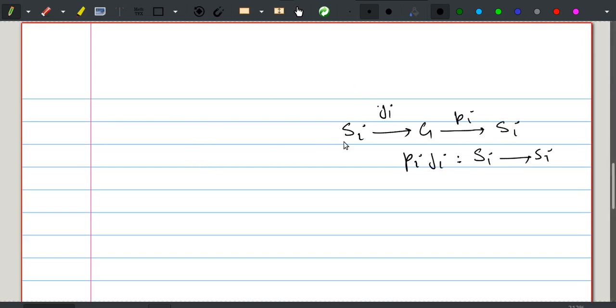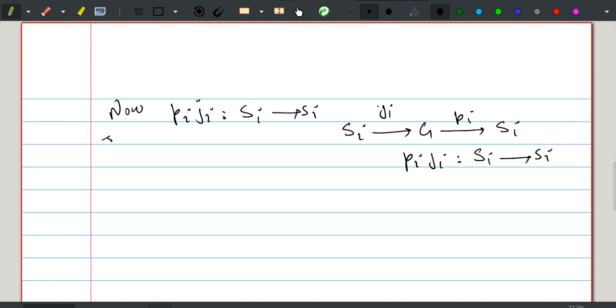Now let us see what this map is going to do. Pi Ji is a map from Si to Si, and this is the composition.